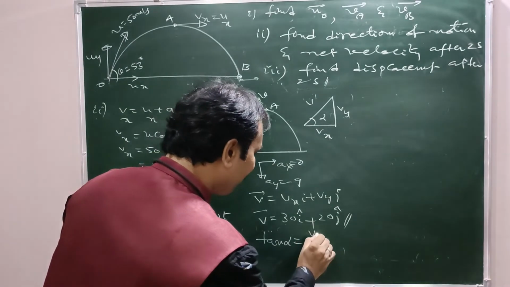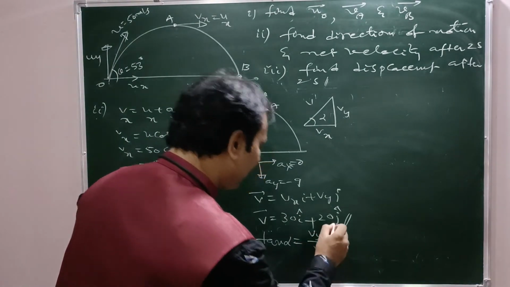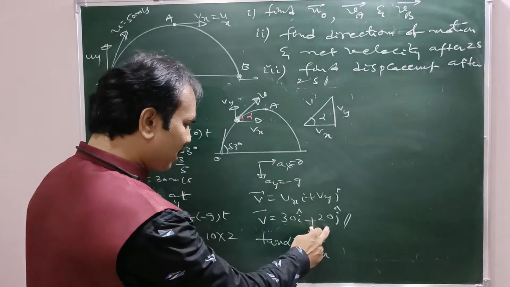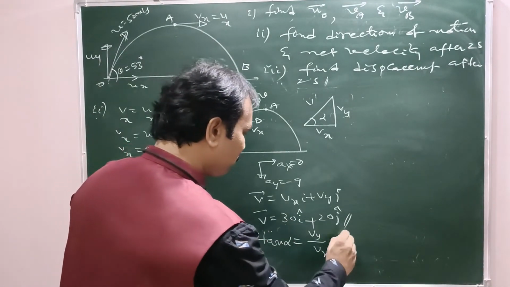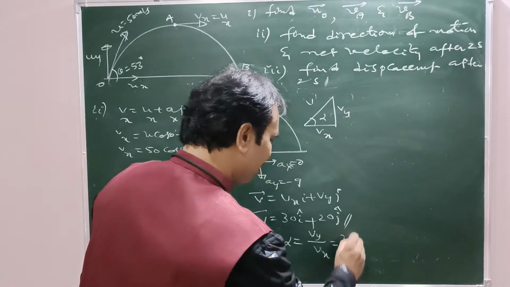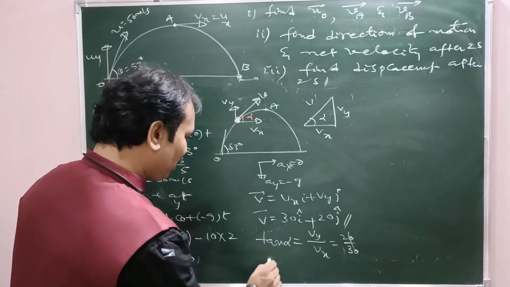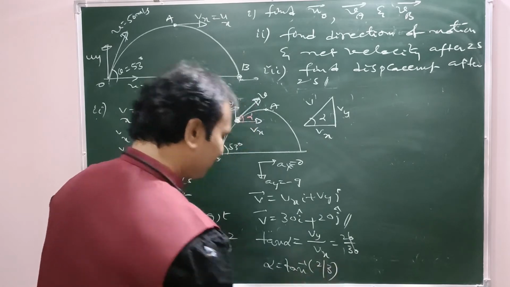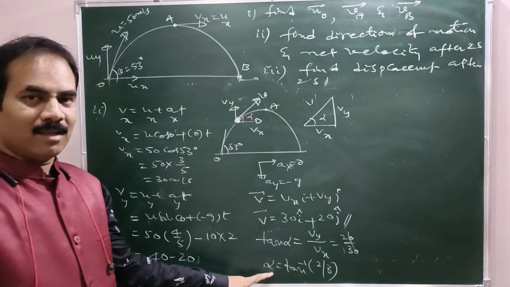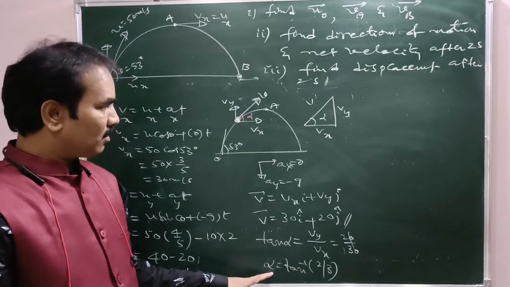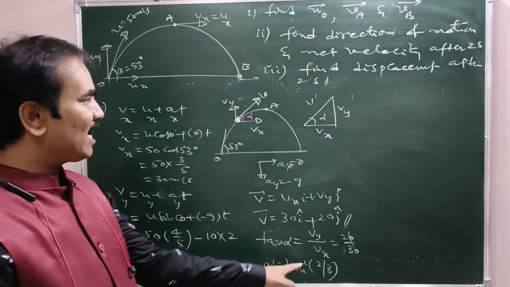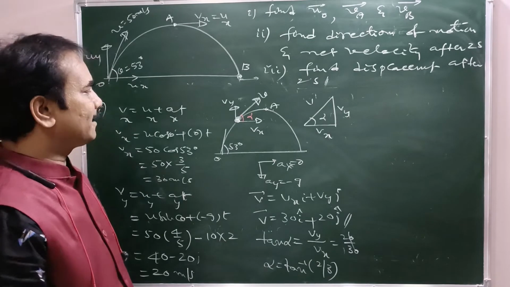Vy is 20, Vx is 30, so 20 by 30, that is 2 by 3. So alpha equal to tan inverse 2 by 3. So this is the direction of motion above the horizontal, right? Alpha equal to tan inverse 2 by 3.